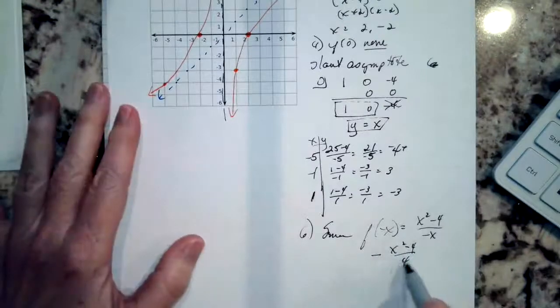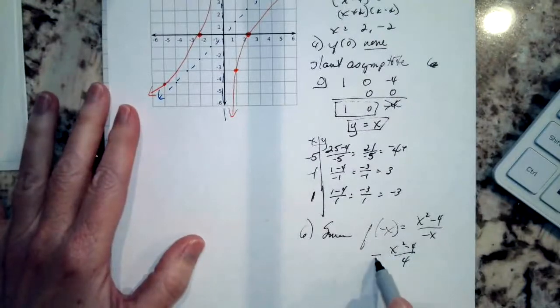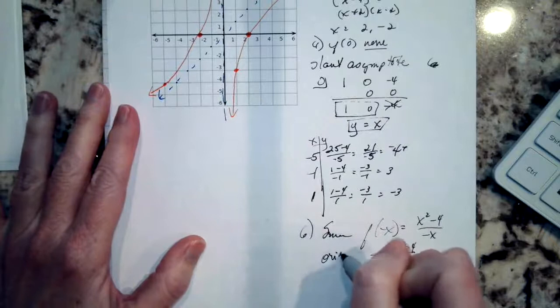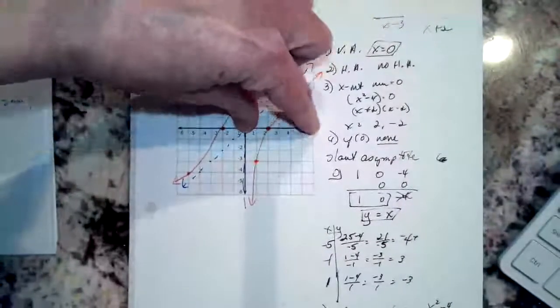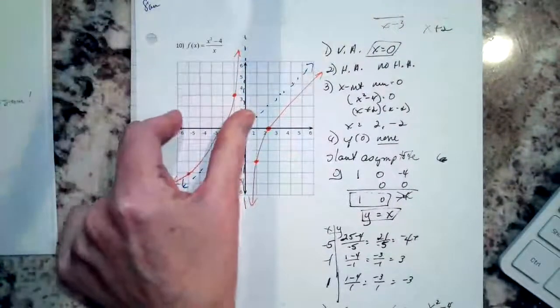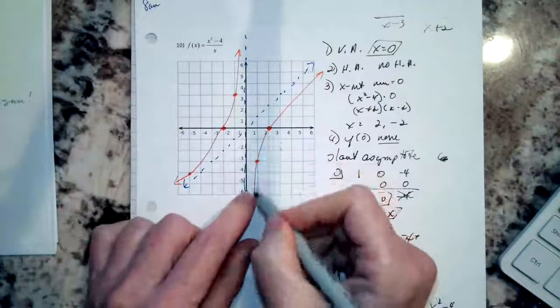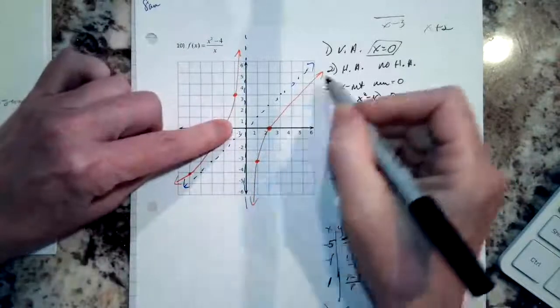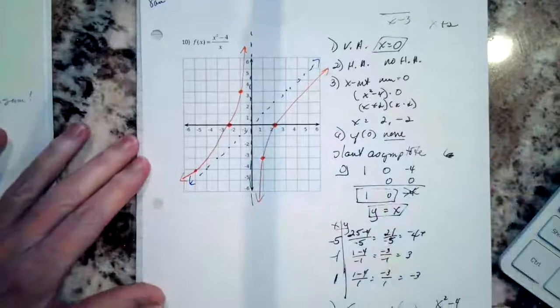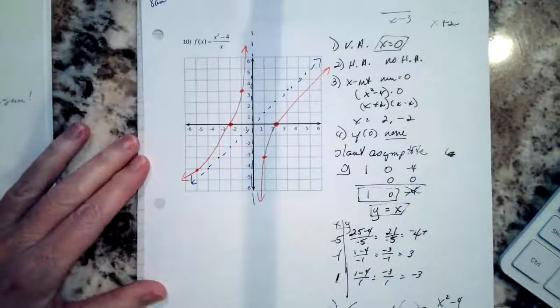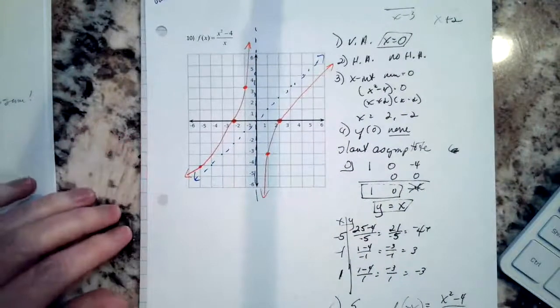So that tells us if our original function has a negative, then we've got origin symmetry. And sure enough, if we were to take our little drawing and spin it around 180 degrees, this arm would become that arm. This arm would be down here doing that. So this is our only one that we had any symmetry on, in case you were wondering.